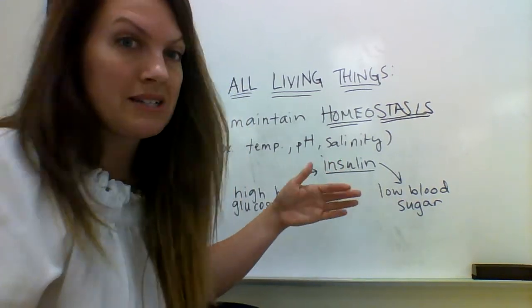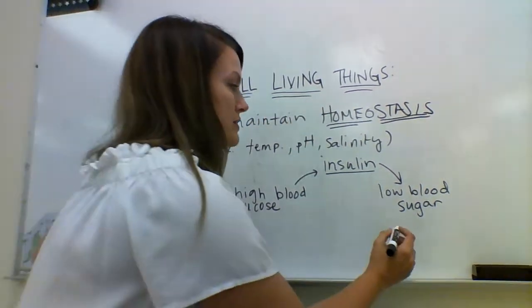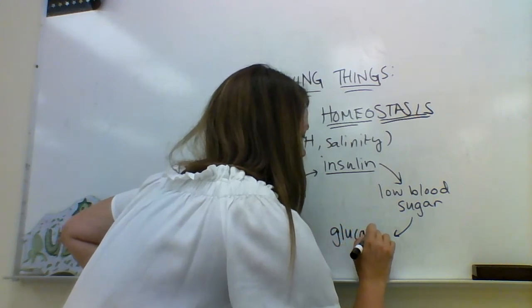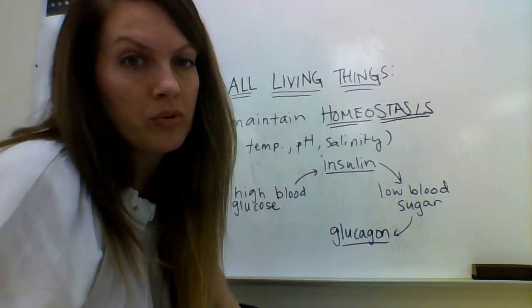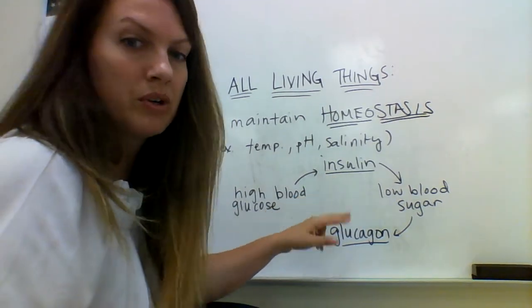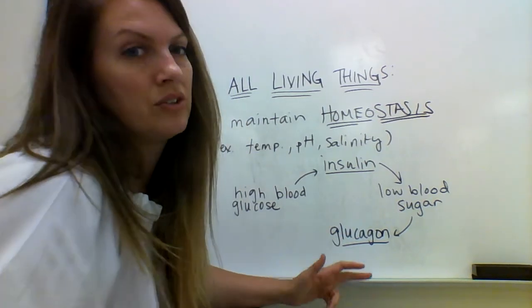When your blood sugar is really low, that's also a problem because your body uses sugar for energy. So in order to maintain a constant internal sugar concentration, your body is going to release what's called glucagon. Glucagon is also an important hormone, and it's one that's not necessarily known as much as insulin, but glucagon requires your cells to release glucose.